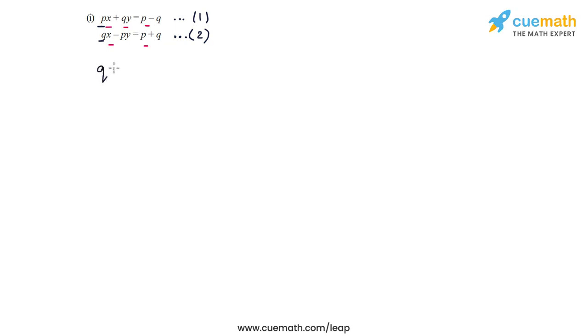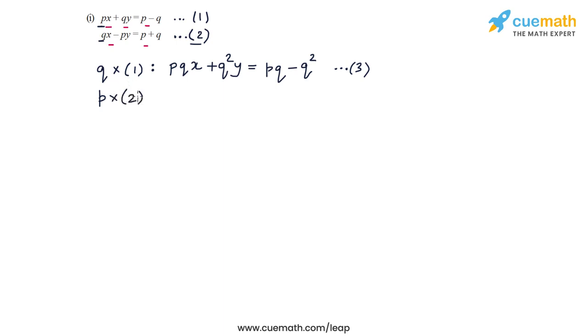Let me multiply the first equation by q, and that will turn this first equation into pqx plus q square y equal to pq minus q square. And let's call this equation 3. Now for the second equation, let me multiply it by p because I want to equalize the coefficient of x.